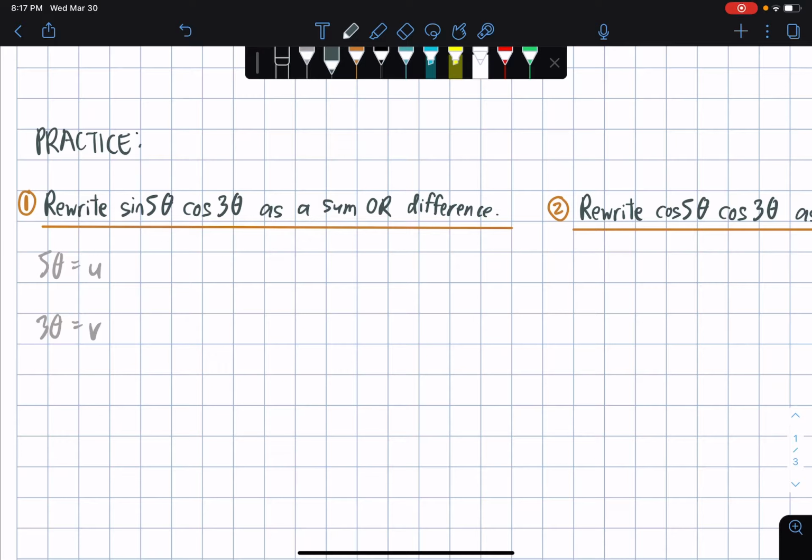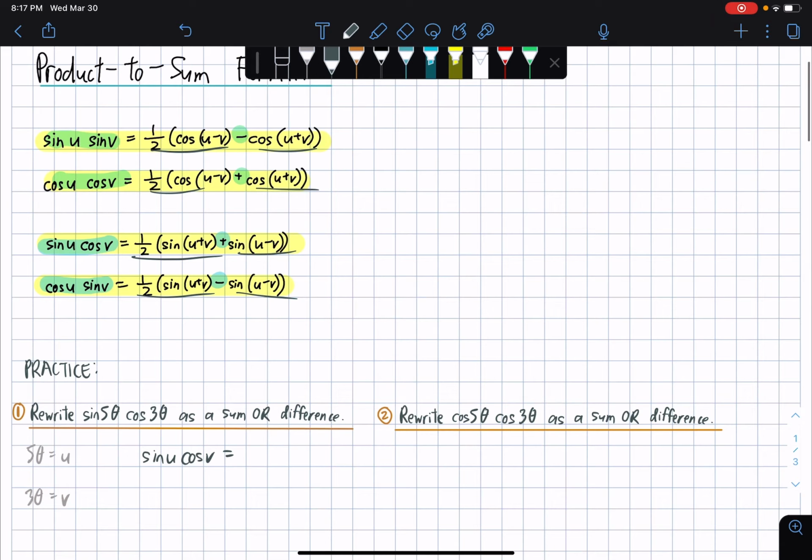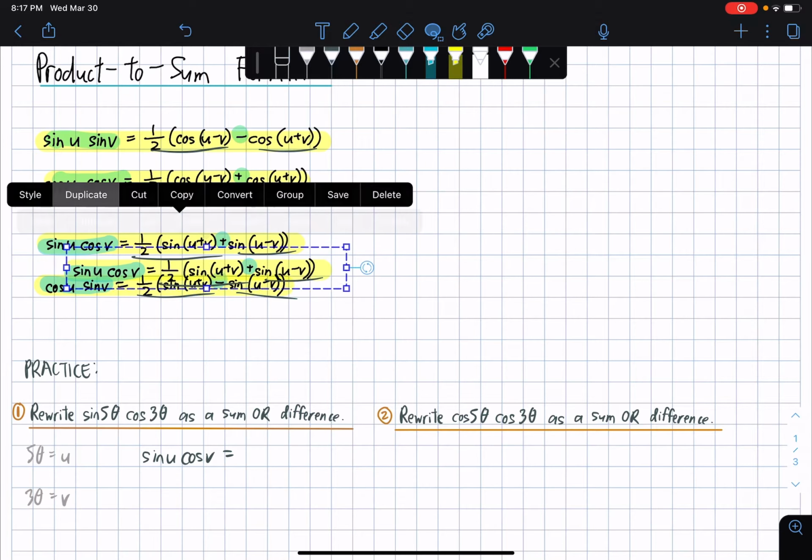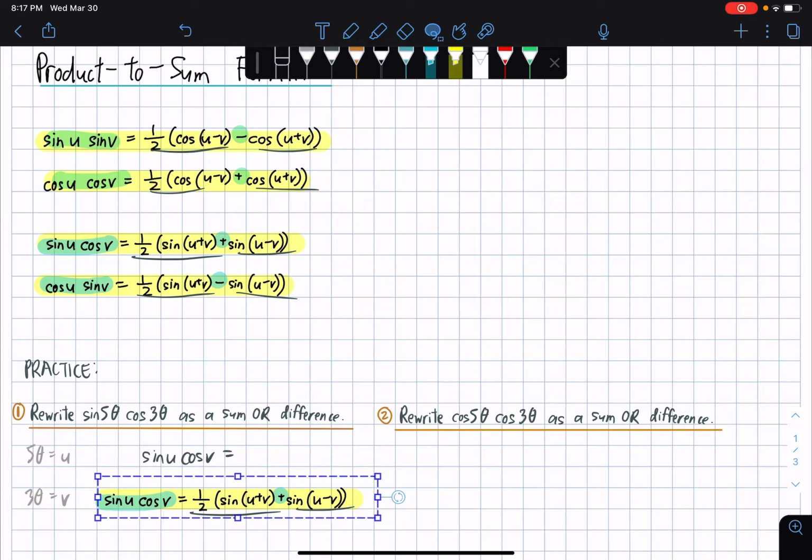So sine 5 theta cos 3 theta is as if sine u cos v. Let's check the list of formulas: sine u sine v, cos u cos v, sine u cos v. So this is the formula that is needed for this particular problem.